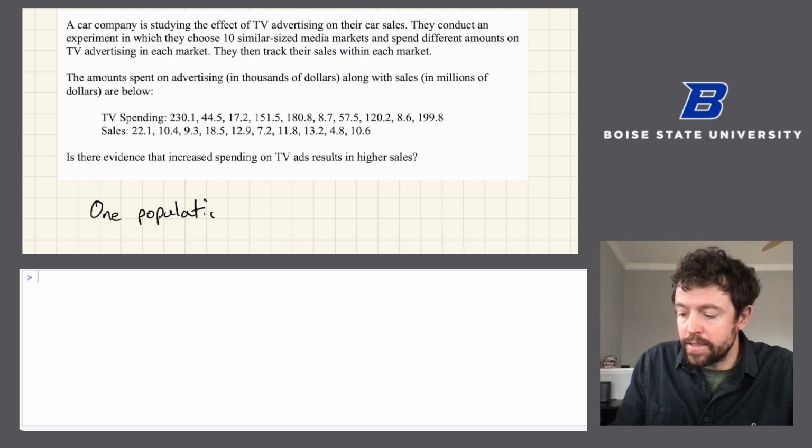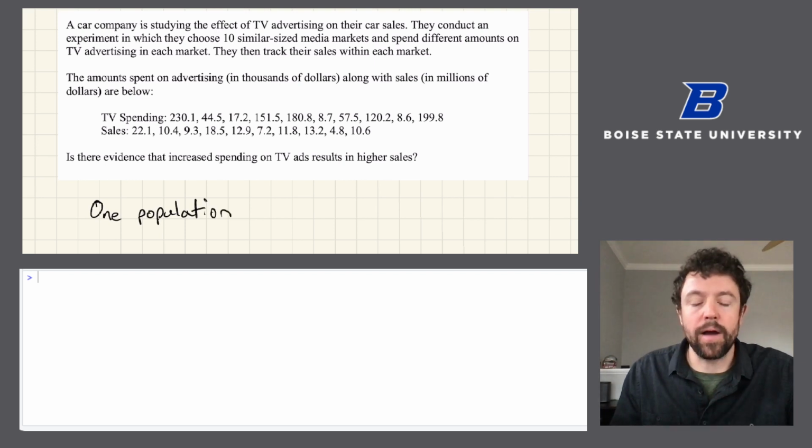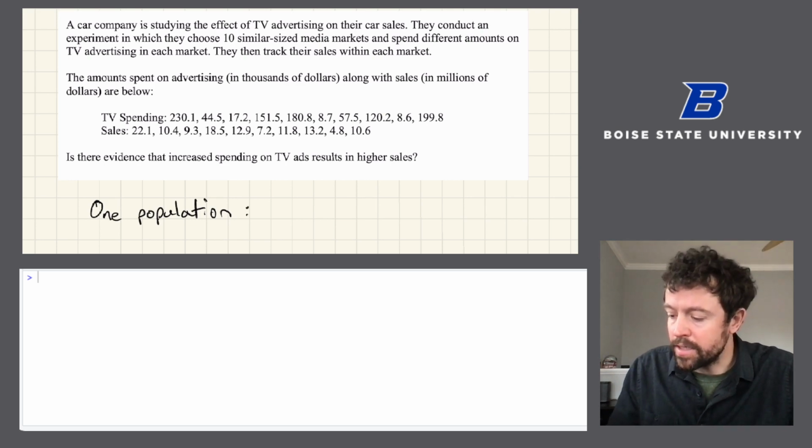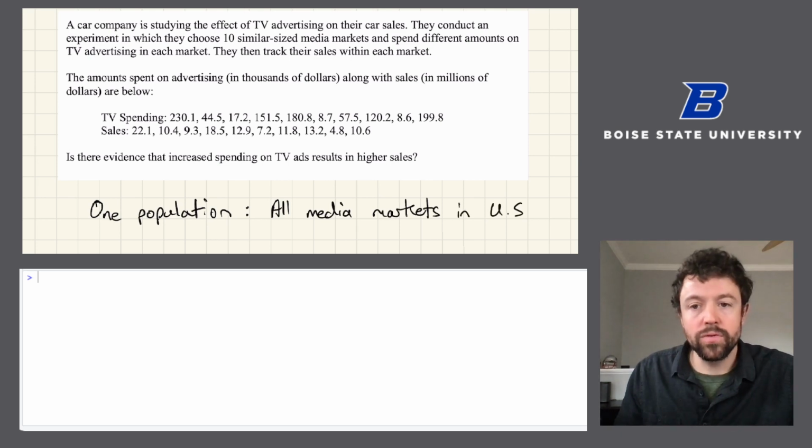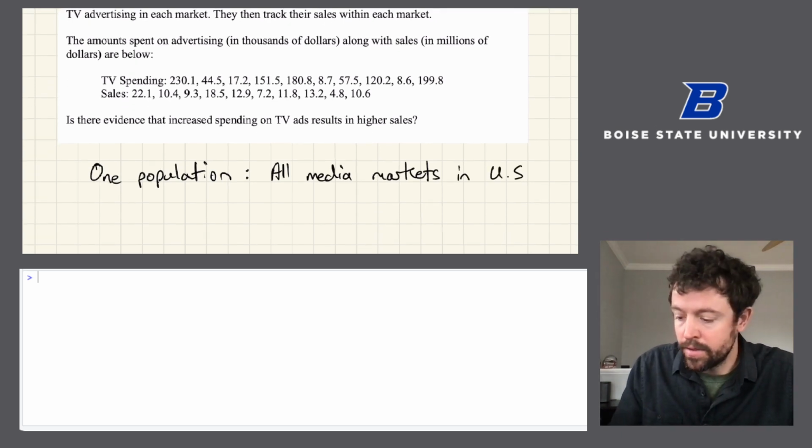So the population consists of the same individuals that are in the sample. Our sample is of media markets. So our population is all media markets in the US. And we have two quantitative variables.